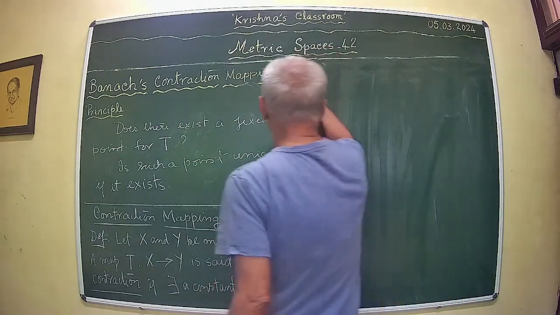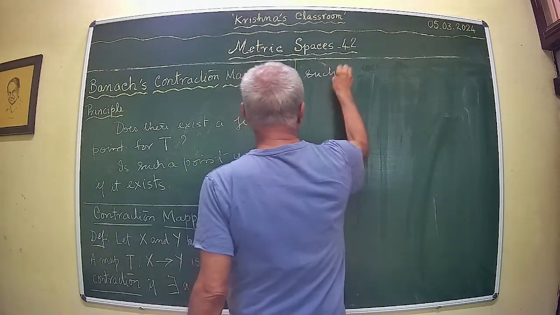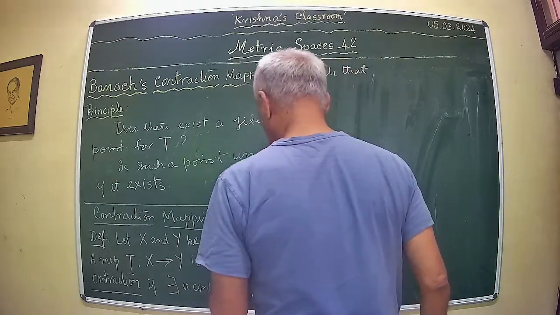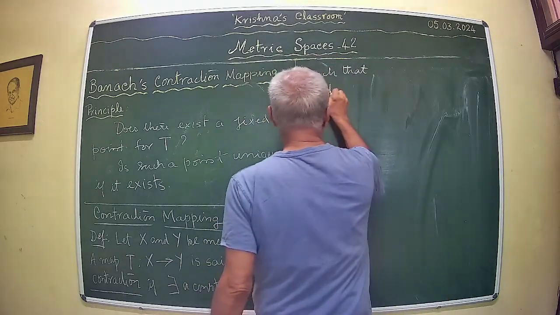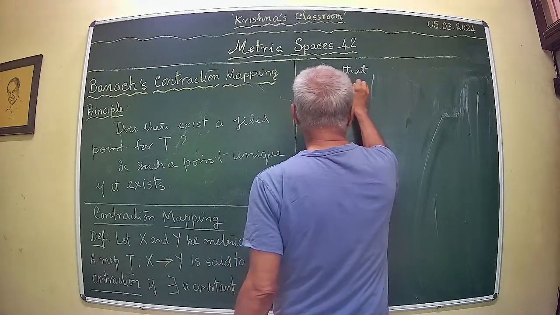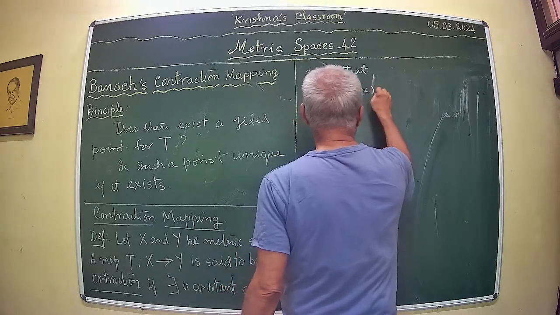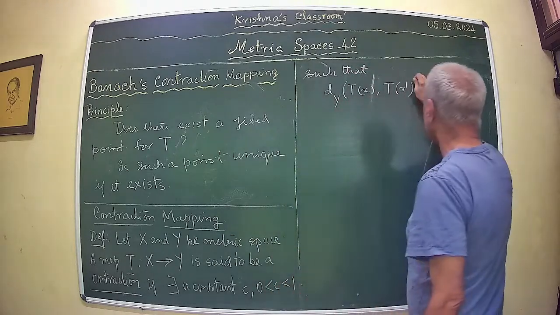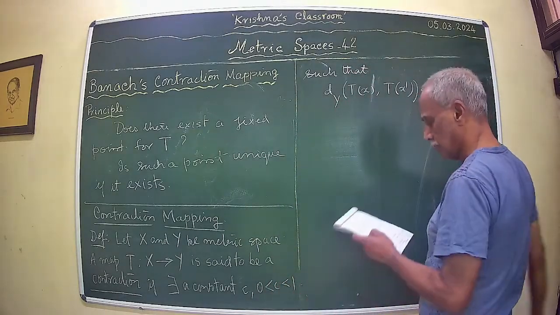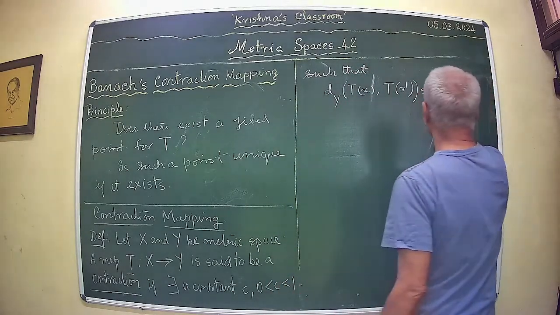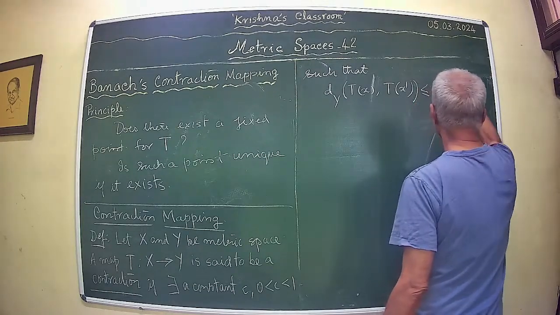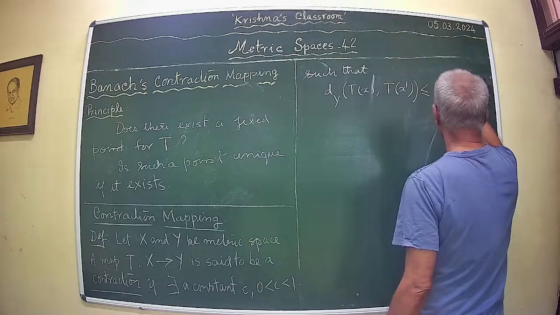such that the distance dY(Tx, Tx prime) is less than or equal to C times the distance dX(x, x prime).